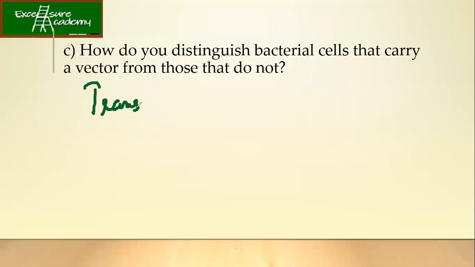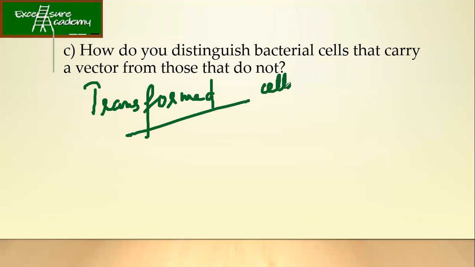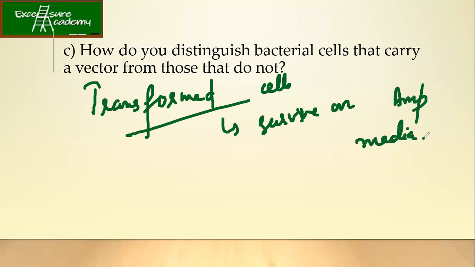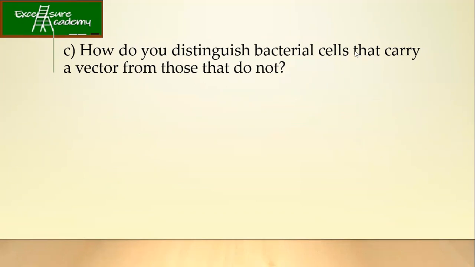So these transformed cells are going to survive on ampicillin media. Now, the untransformed cells will die because they will be sensitive to the ampicillin, and that's how the cells which survive are your cells which have the vector, after the transformation.